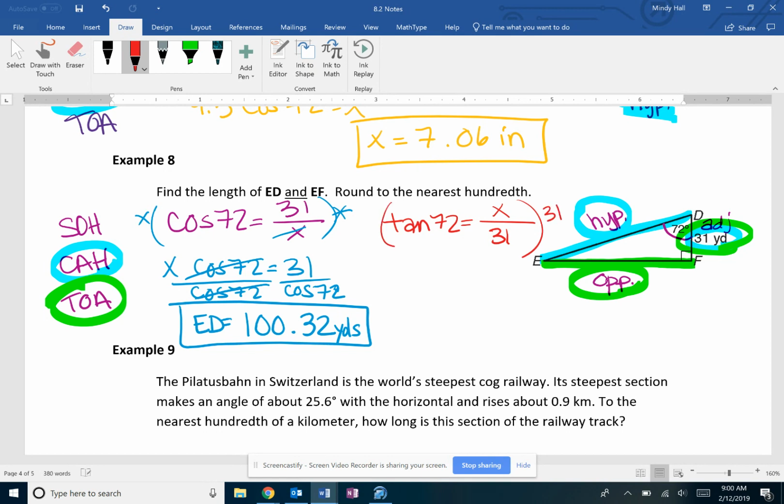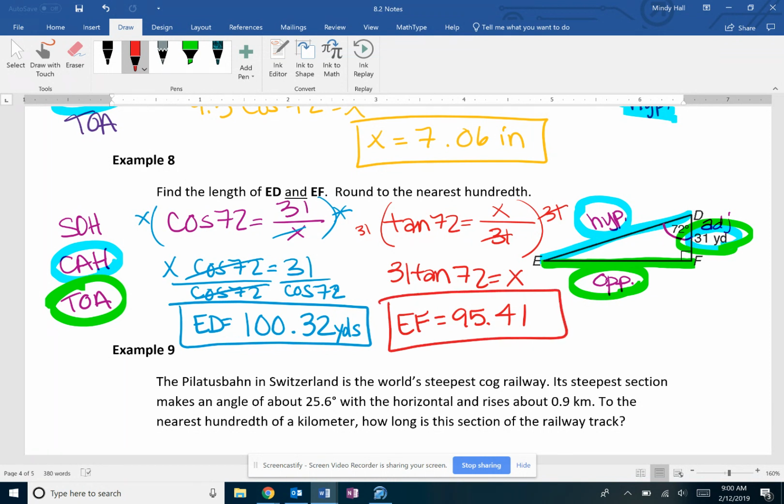So then you'll multiply both sides by 31. So you have 31 tangent of 72 equals x, and then 31 times the tangent of 72 is 95.408 or 95.41. And this is EF, so I'll label it EF.